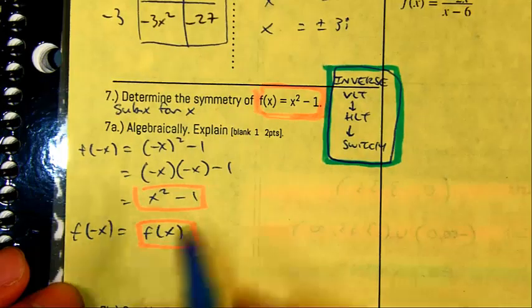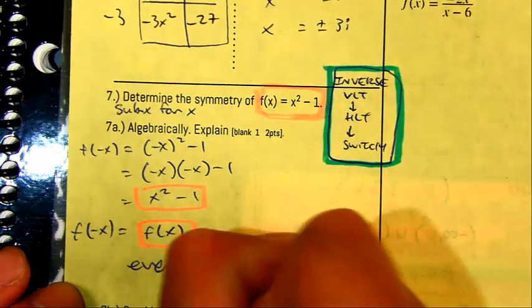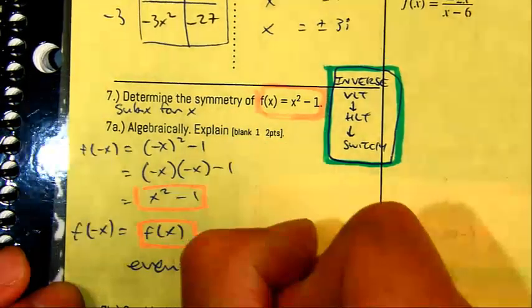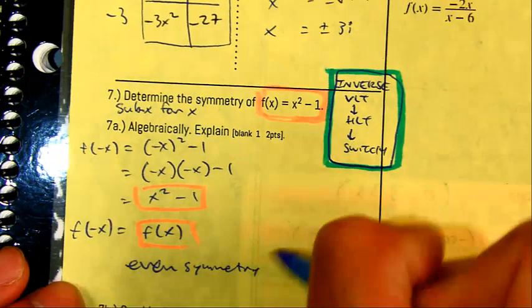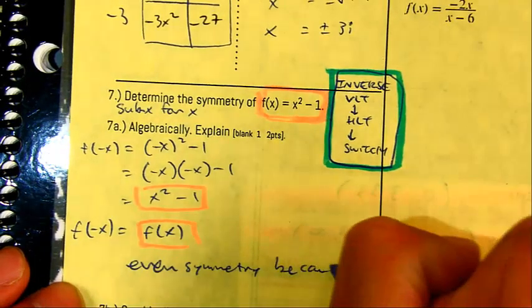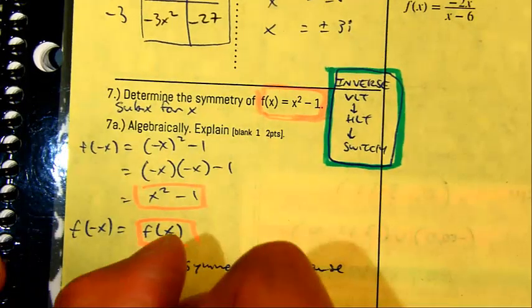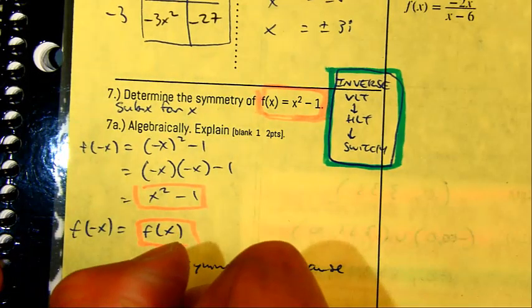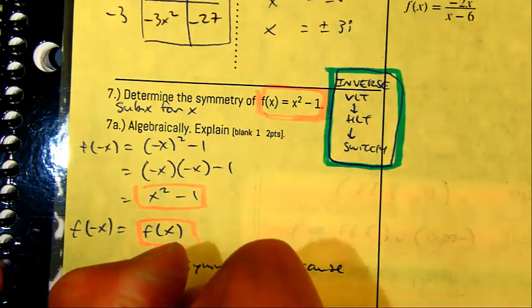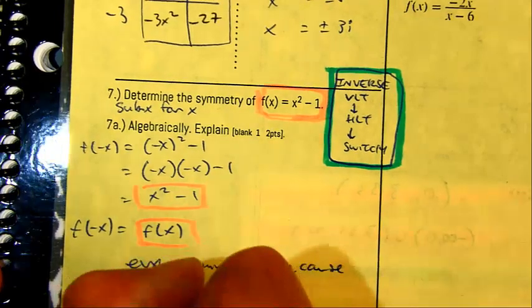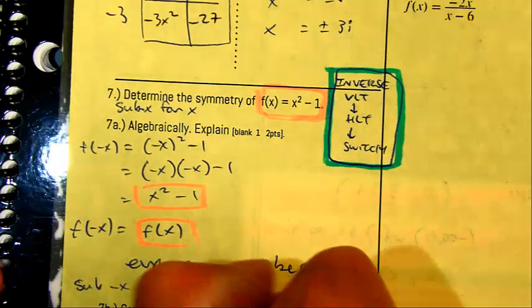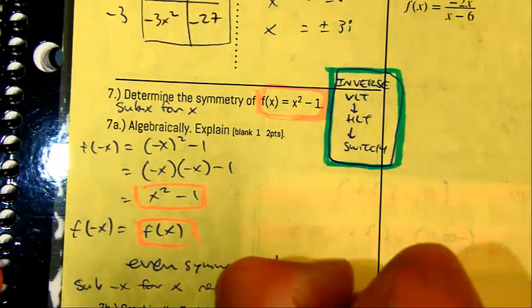That means it is even. Symmetry, because taking the opposite, or sub negative x for x, results in the original.